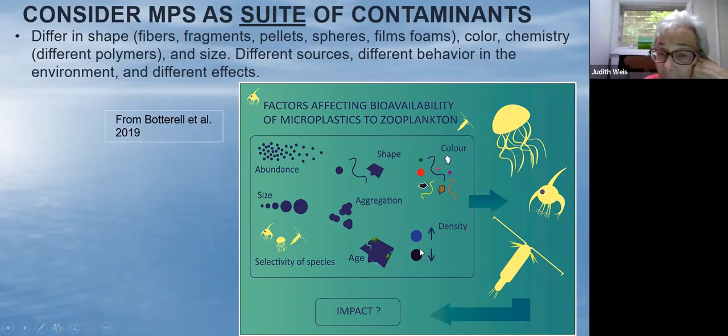Some will float and some will sink. So you can't think of it as one kind of pollutant. You've got to think of it as a category or suite of contaminants, because these variable types of microplastics have different sources, different behavior in the environment, and different effects on living things.